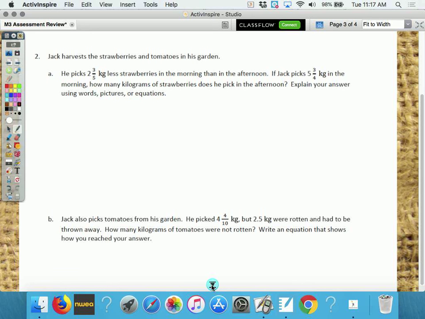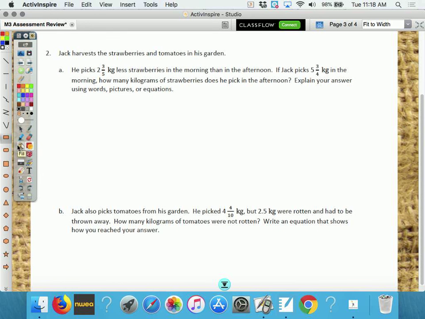He picks 2 and 3/5 kilograms less strawberries in the morning than in the afternoon. If Jack picks 5 and 3/4 kilograms in the morning, how many kilograms of strawberries does he pick in the afternoon? Okay, so which one did he pick more, morning or afternoon? Afternoon.